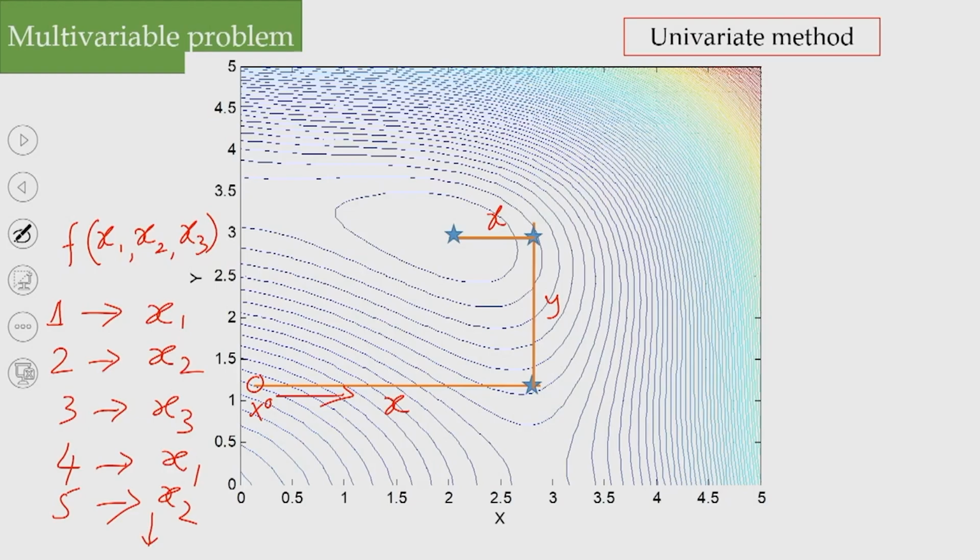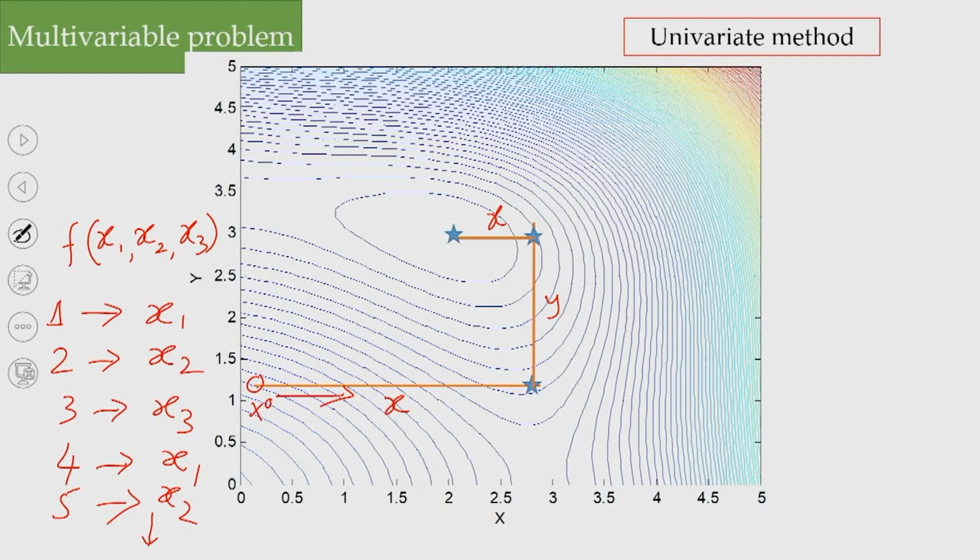If you have more variables, say x4 also, then the first iteration is along x1, the second x2, the third x3, the fourth x4, and then I repeat.